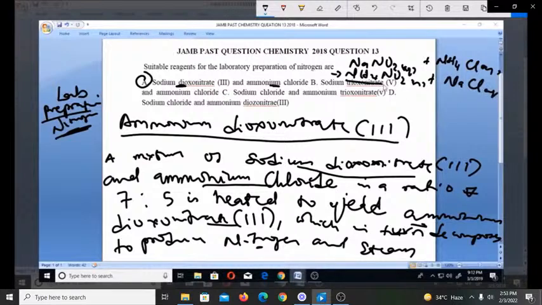This ammonium dioxonitrate 3, aqueous, then further decomposes to nitrogen, which is what you're looking for, gas, plus steam, H2O, liquid. So that's how you go about the laboratory preparation of nitrogen. Thank you.